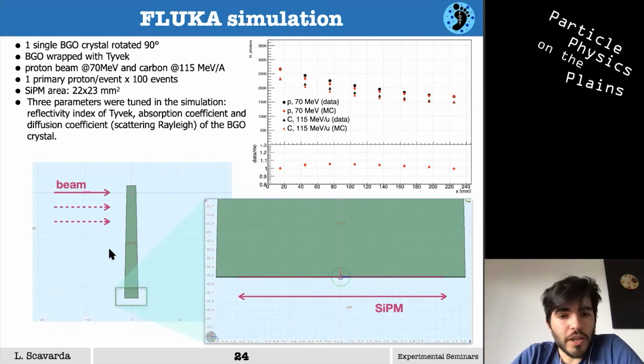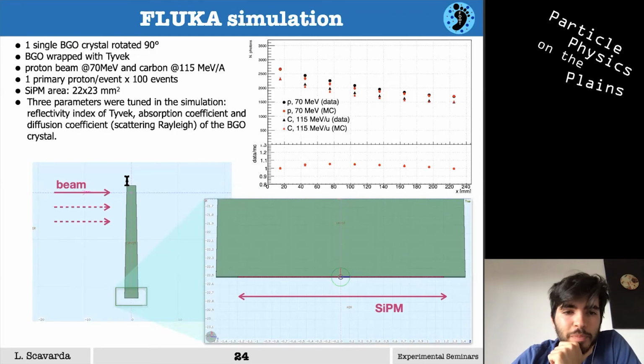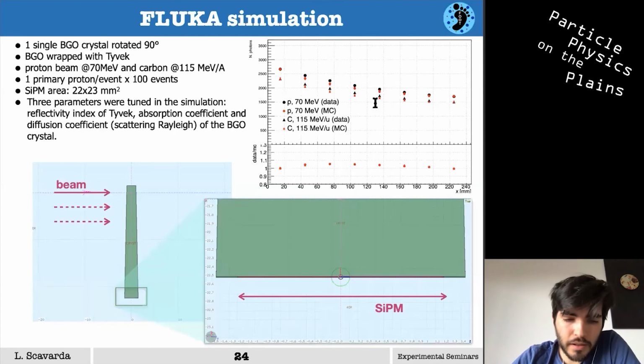The core of the simulation was the tuning of three different parameters. First of all, the wrapping of the crystals, so the reflective index of the Tyvek, and then also the absorption coefficient and diffusion coefficient of the BGO crystal. After fine-tuning these parameters, I found the best ones that allow me to get a good agreement between data and Monte Carlo.